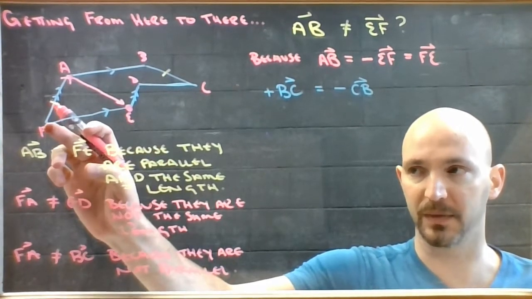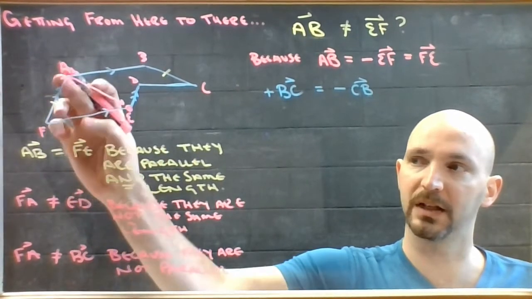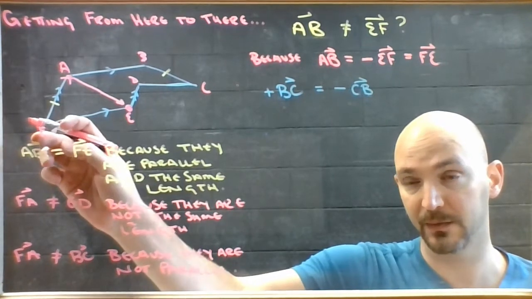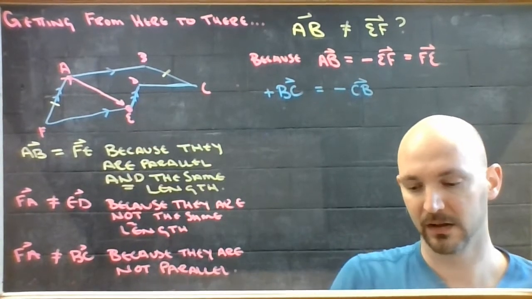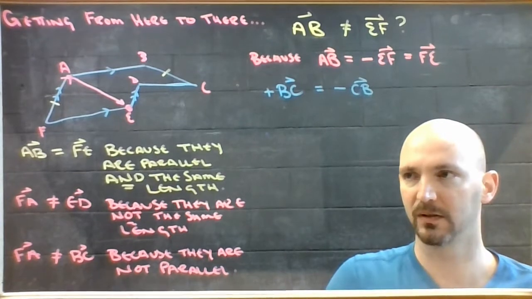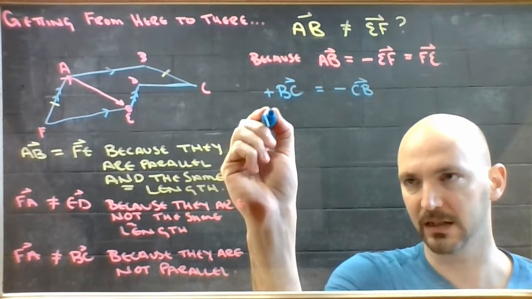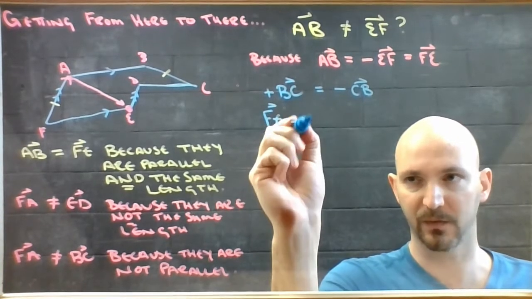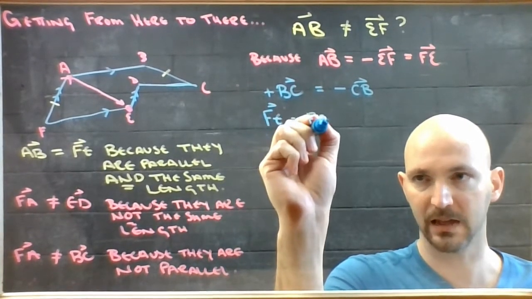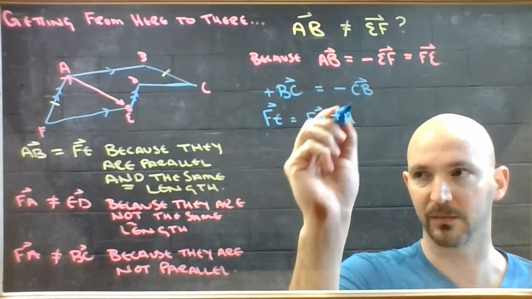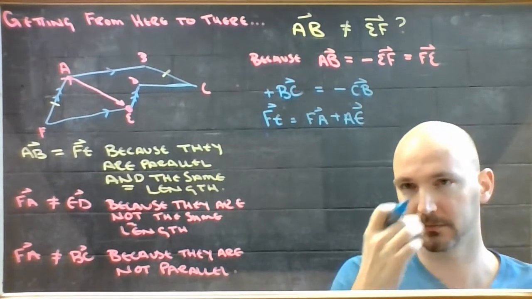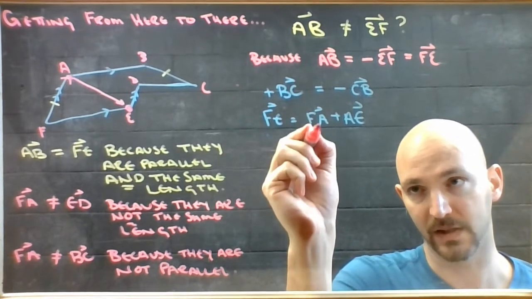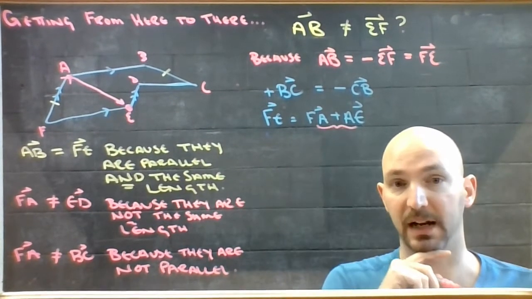In both cases, I started at F and I ended at E. So I can write F to E as the vector from F to A and the vector from A to E. Do you notice that that's allowable as long as these two things are back to back?